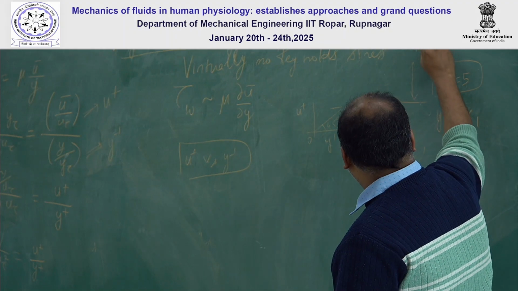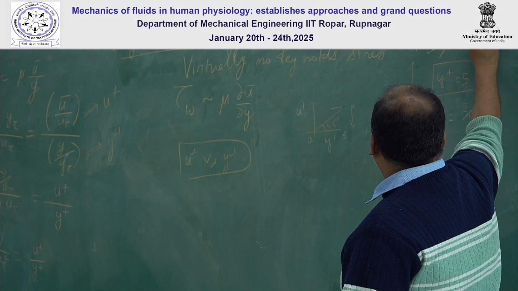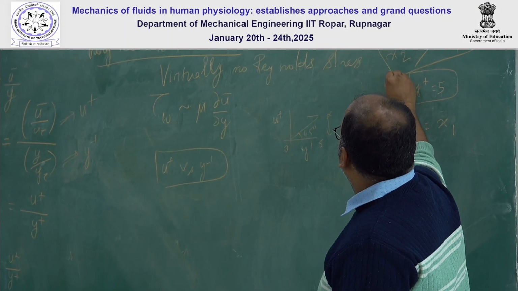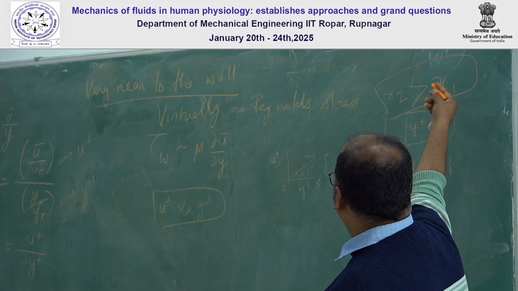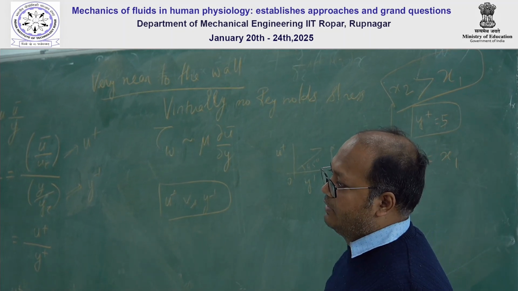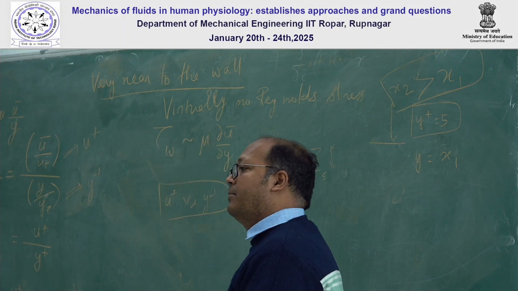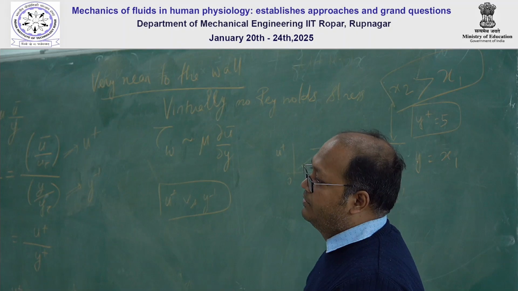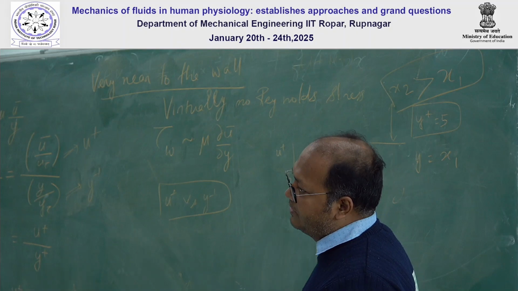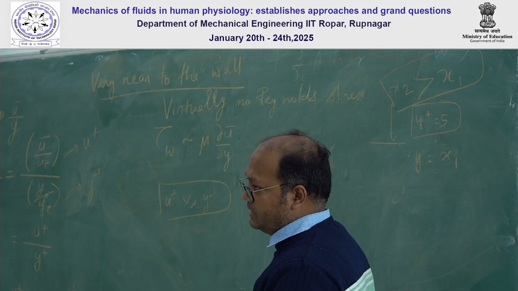Your minimum meshing is x2, which is greater than x1, right? If such meshing happens, you will never be able to resolve the flow near the wall, and you have no way to validate what is actually happening, like u plus equal to y plus. That information you will never be able to get by the simulation technique.